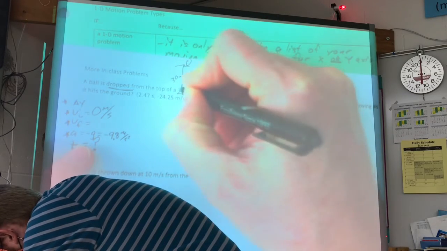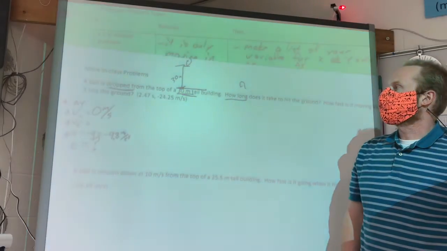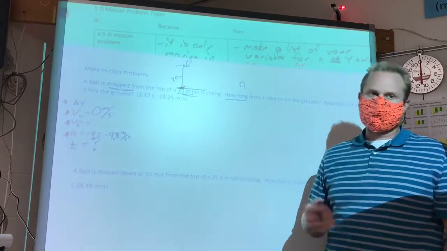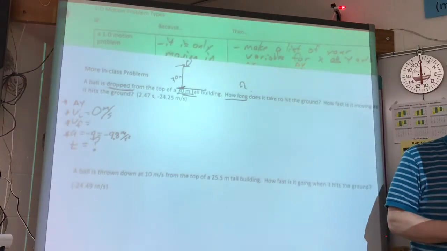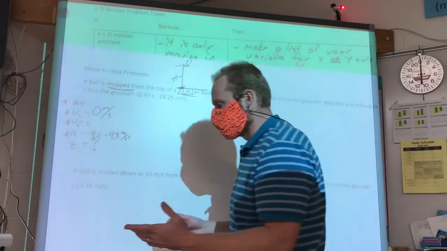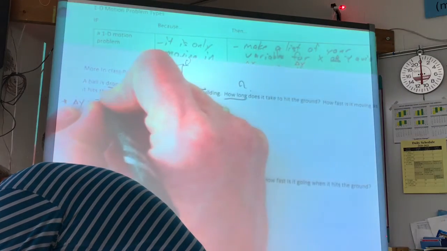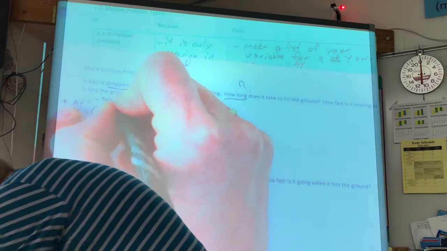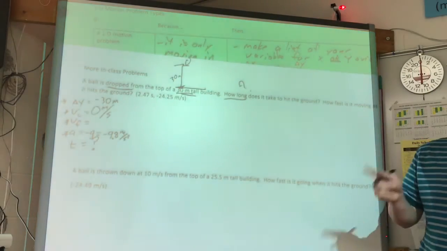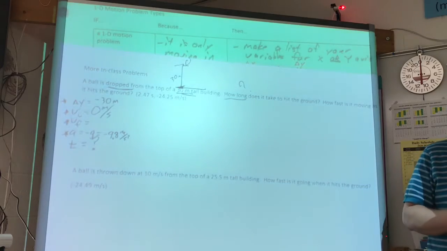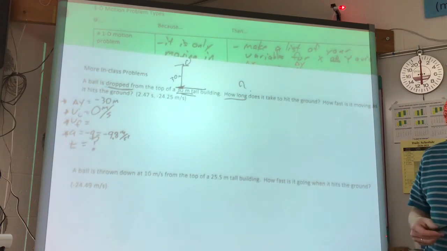From here to here is 30 meters. So if we drop it from the top of the building, how far is the ball going to move? Negative 30, right? It's going to move 30 meters, but because I have that little star, it's a vector quantity, so we need the direction associated with it, and the direction that the ball is going is down. It doesn't ask how high the building is. We're talking about the ball, and the ball is going down negative 30 meters.